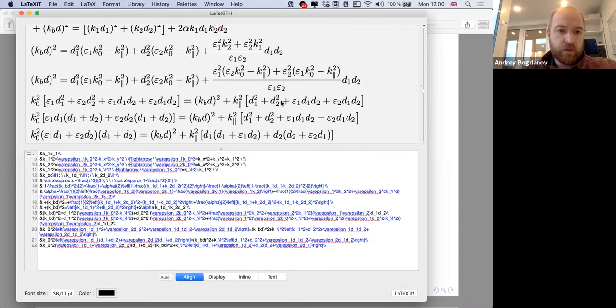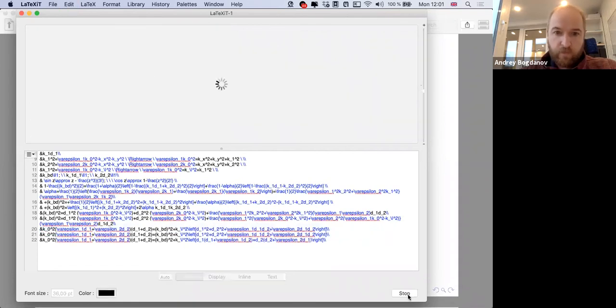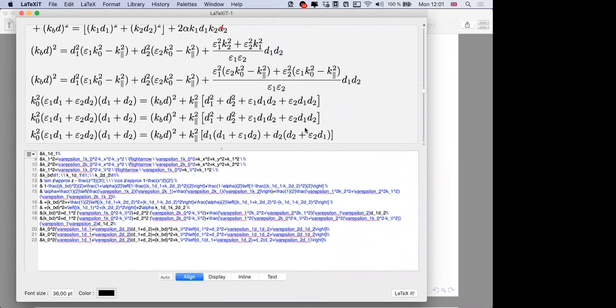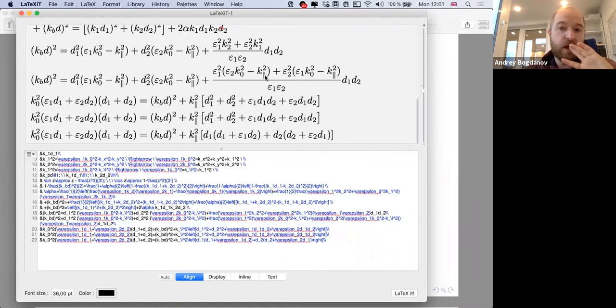It means that here, actually, it should be the same term for k parallel, because it doesn't change. I see.